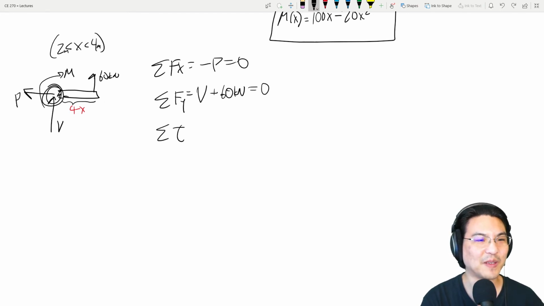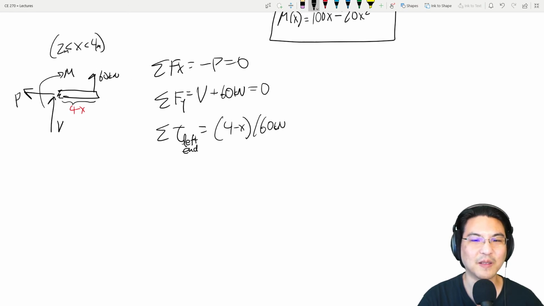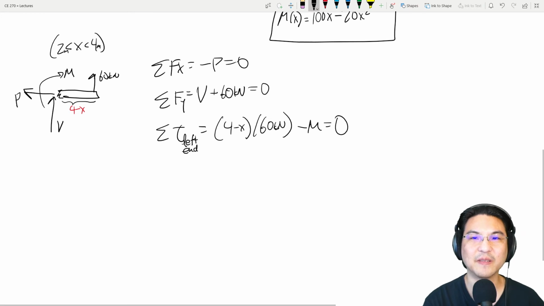If I sum torque about here, there's no torque from this unknown, so I feel like that's more clever if I sum torque about the left. Okay, so then here to here is 4 minus x times 60. That's going in the positive z direction. And then this is going in the negative z direction. And here we go.